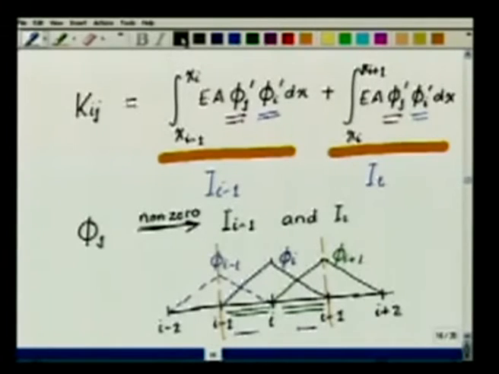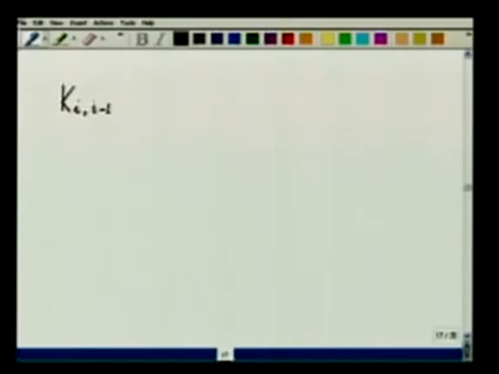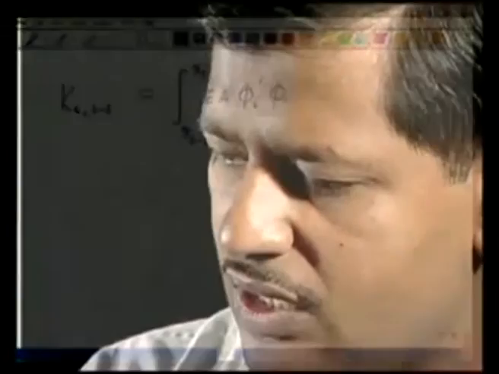To make things clear, for the ith equation, that is the ith row, the i minus 1th column, k i i minus 1, is going to be equal to the integral from x i minus 1 to x i of E a phi i prime phi i minus 1 prime dx.